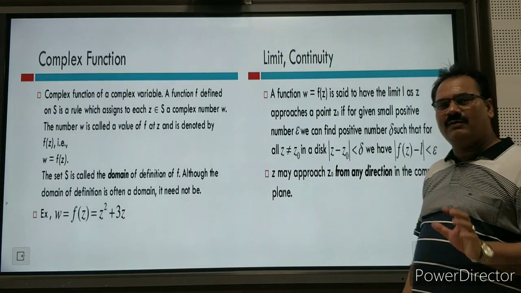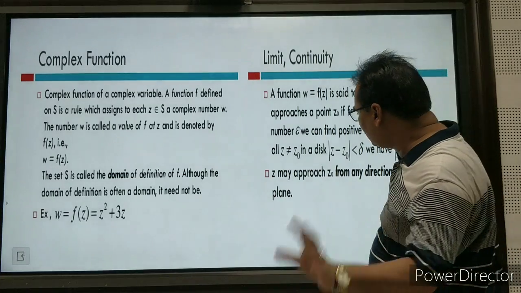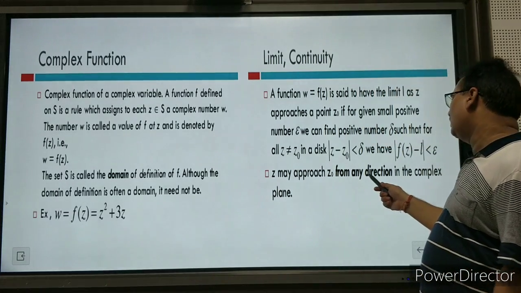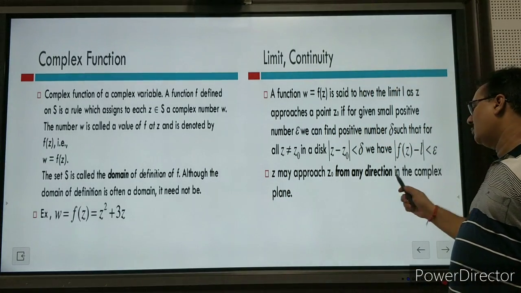Epsilon is again a very small but positive quantity. The z may approach z naught from any direction in the complex plane.